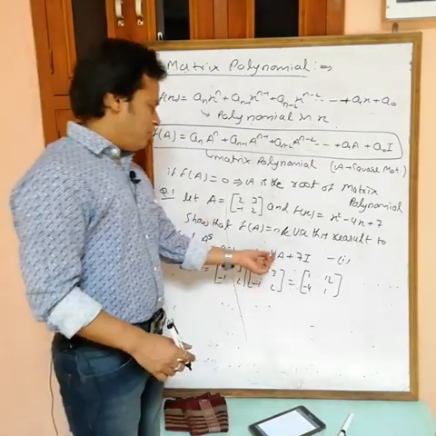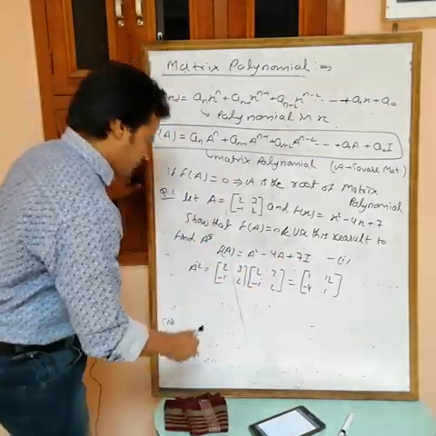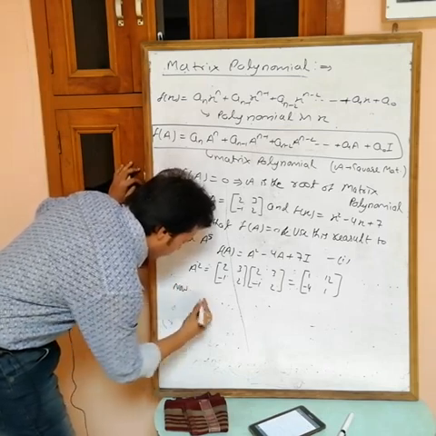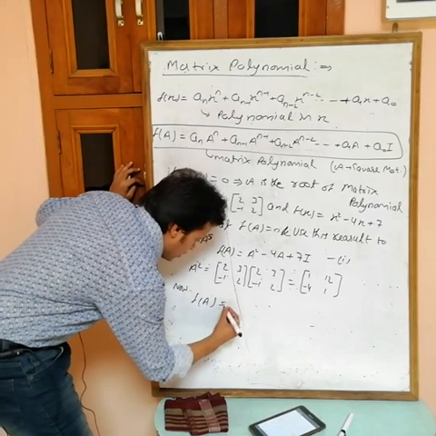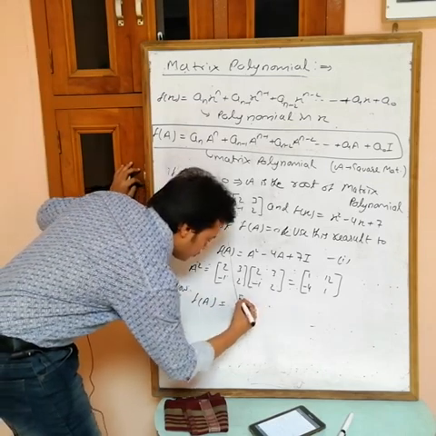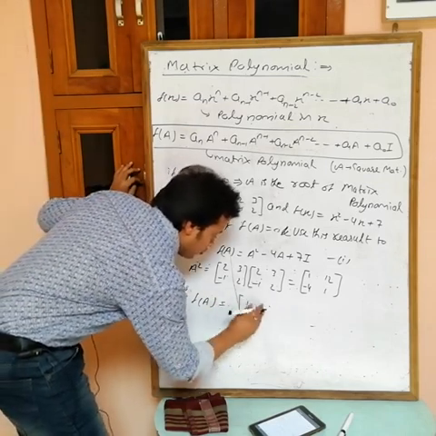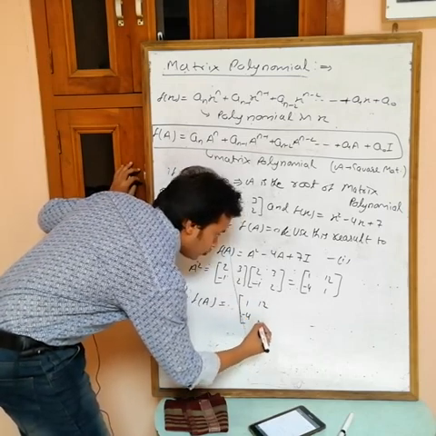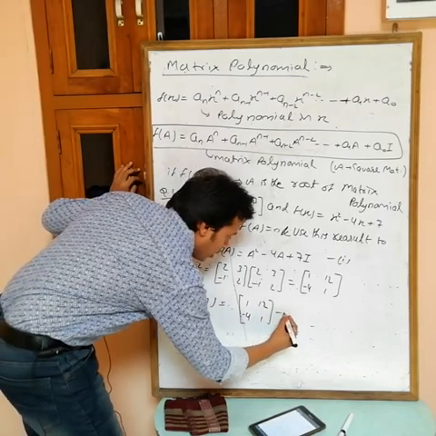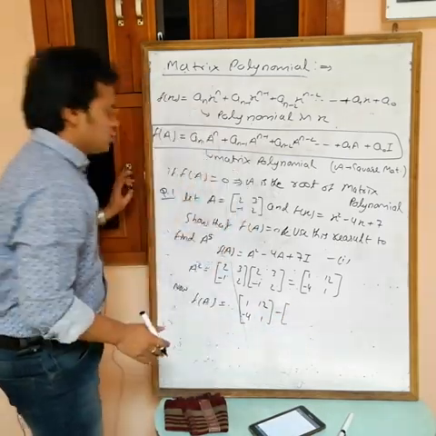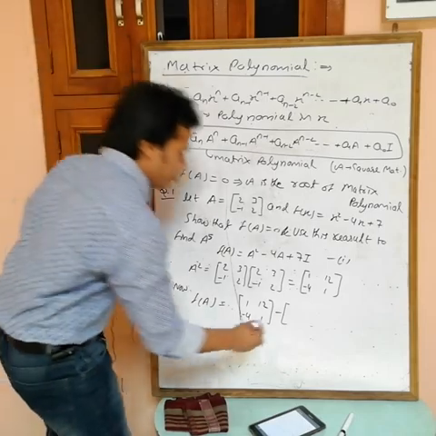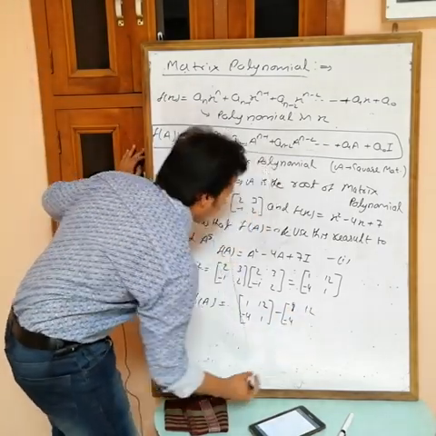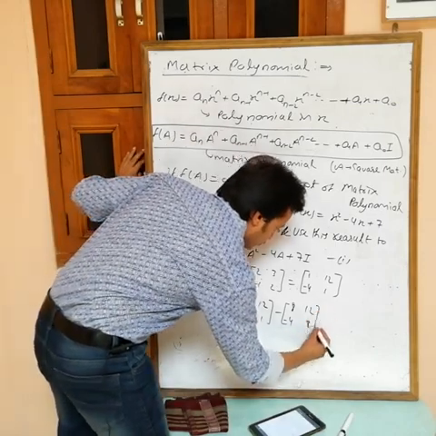Now we have f(A) = A squared minus 4A plus 7I, so just put the values. A squared is [1, 12; -4, 1]. Minus 4A: multiply A with 4, then you will get [8, 12; -4, 8].